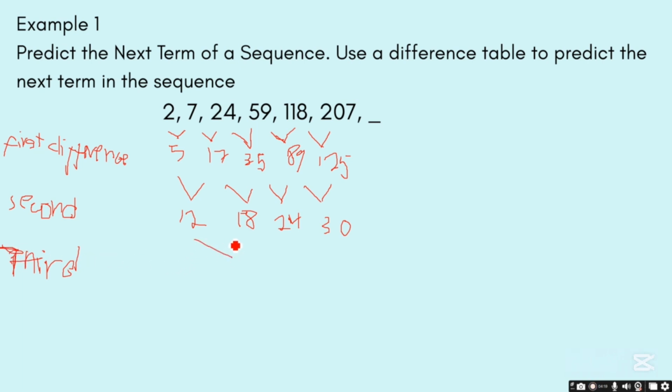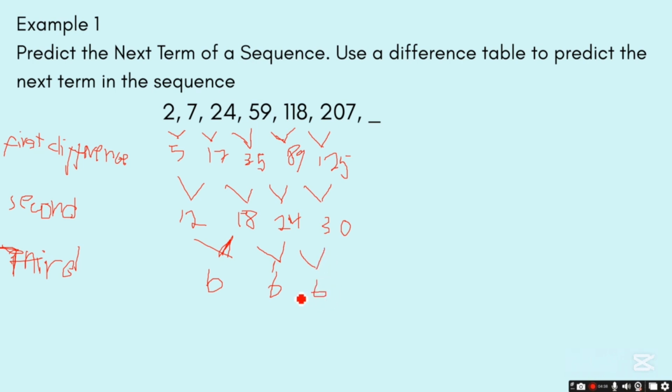So 18 minus 12 is equal to 6. And 24 minus 18 is also equal to 6. And 30 minus 24 is also equal to 6.